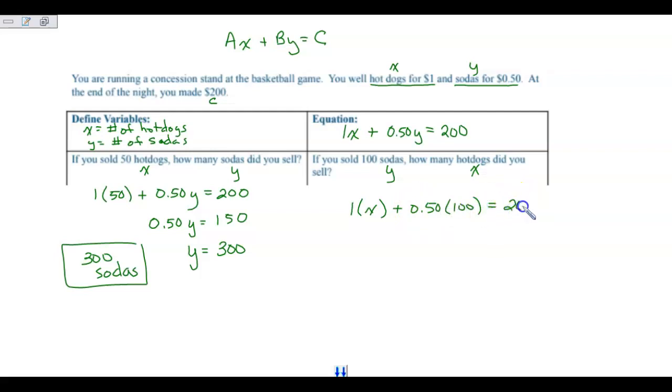And altogether, we know that night they sold $200 worth. I can simplify. 50 cents times 100 is 50. To get X by itself, I'm going to subtract 50 from both sides. And I find that I would have sold 150 hot dogs.